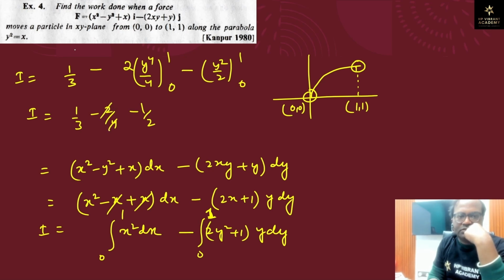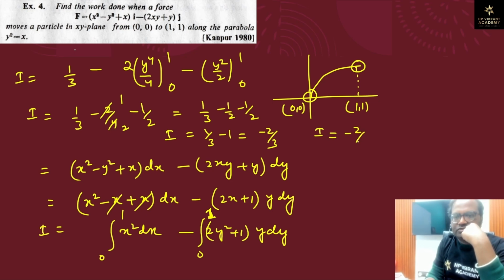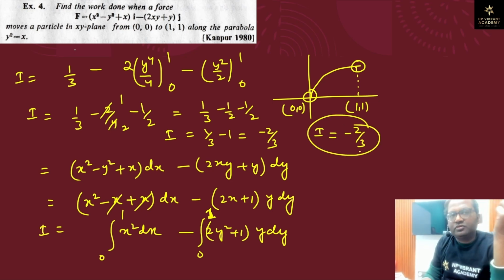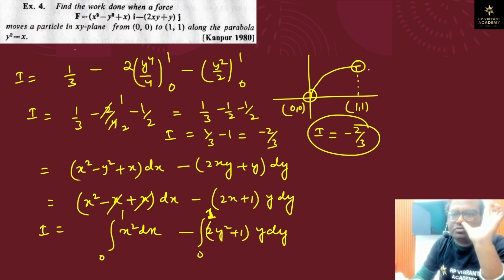So this is 1 upon 3 minus 1 upon 2 minus 1 upon 2, so this is 1 upon 3 minus 1, that is minus 2 upon 3. Okay, so the value of I is minus 2 upon 3. So the work done by the force in moving a particle from (0, 0) to (1, 1) is given by minus 2 by 3.